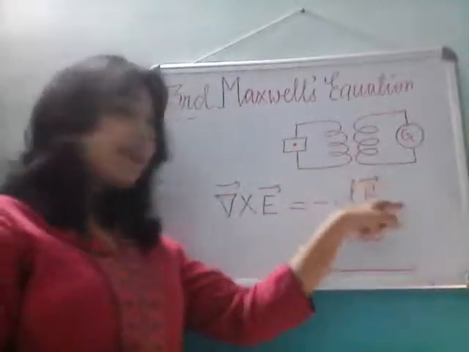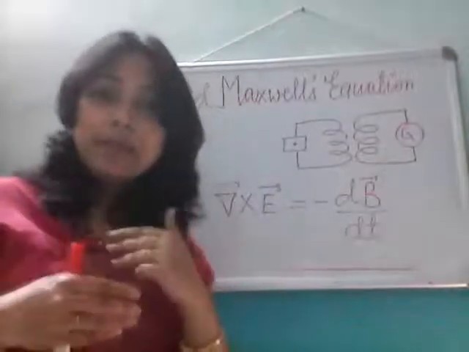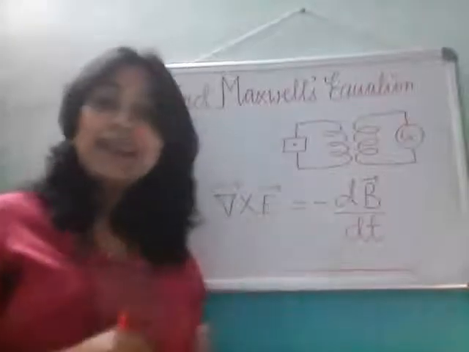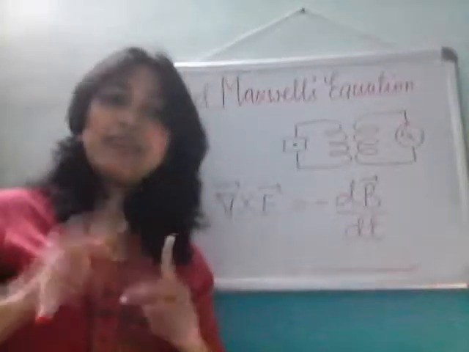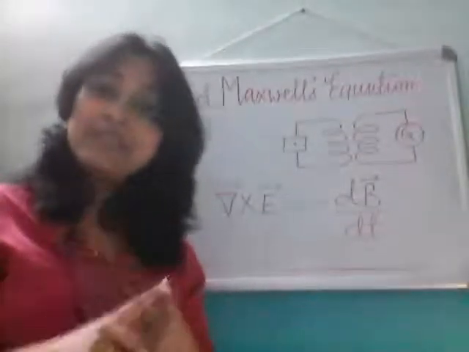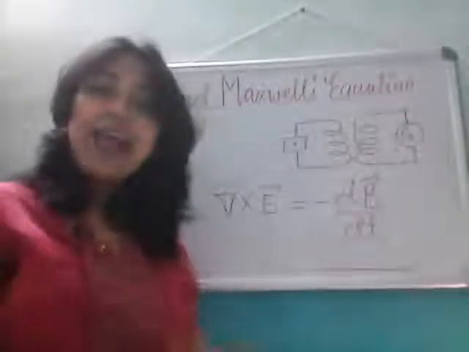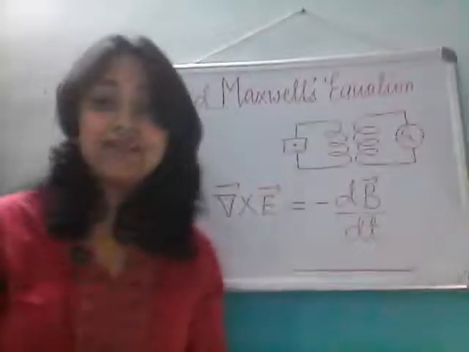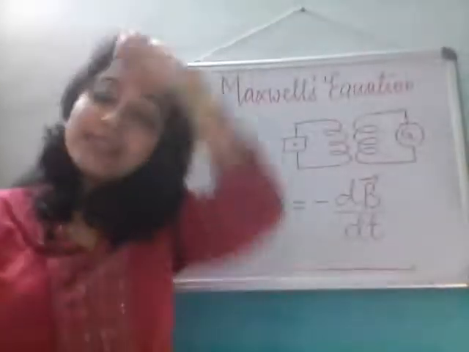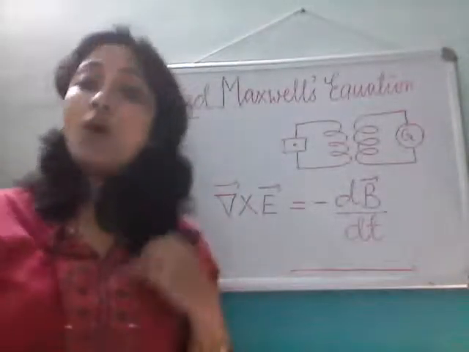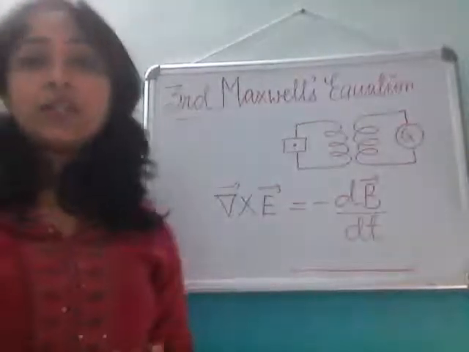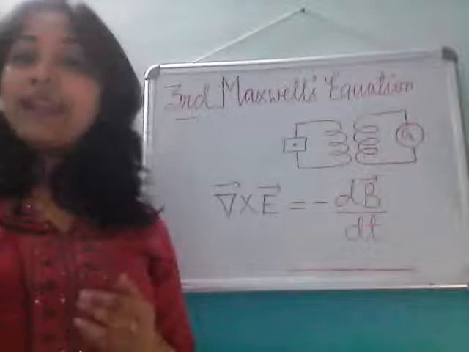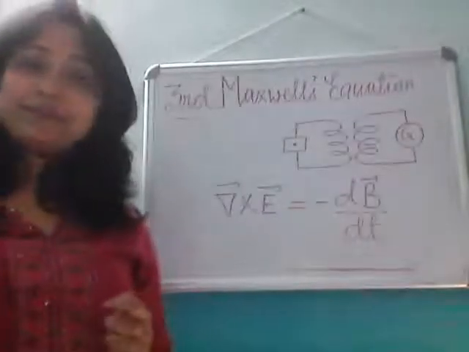But when this magnetic field changes with time, when I change its time parameter, I create an electric field. So a time varying magnetic field creates an electric field and a spatially varying electric field creates a magnetic field. Right? So this is the physical significance of Maxwell's third equation, or as we were calling it, Faraday's law of electromagnetic induction.